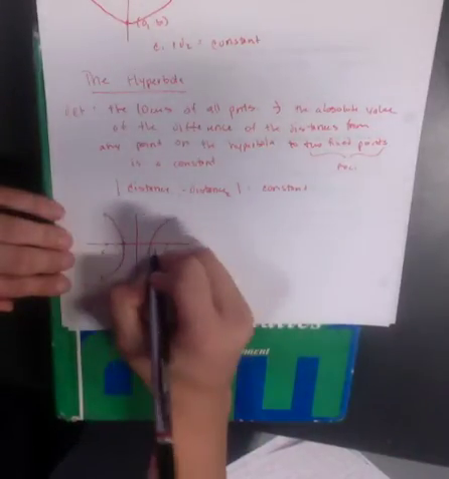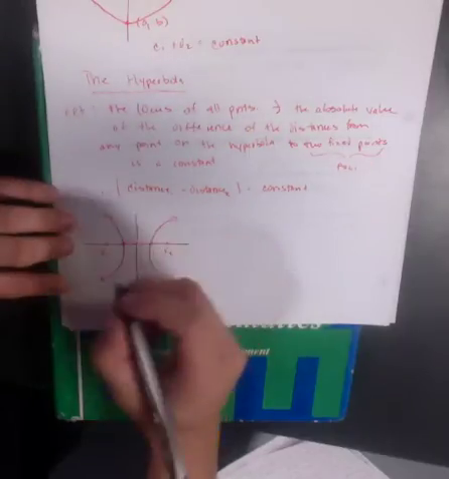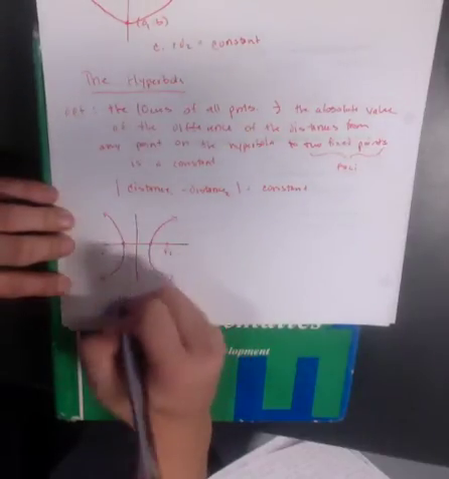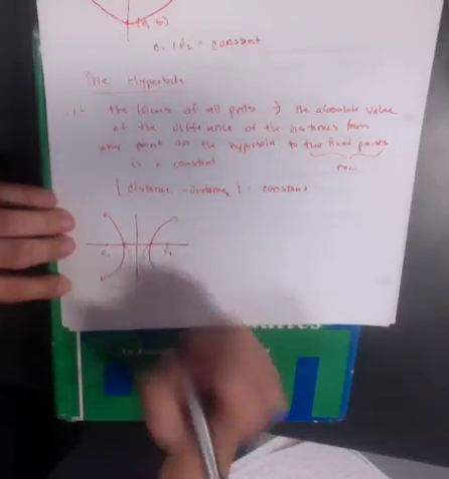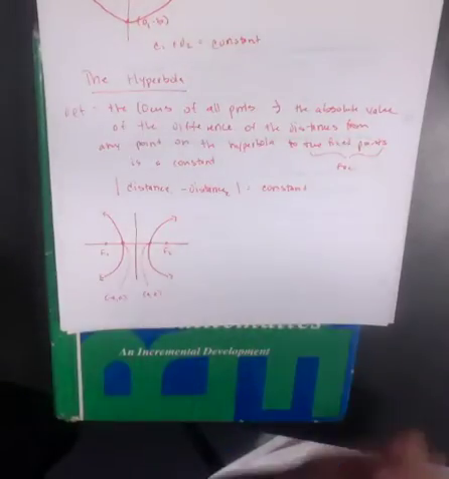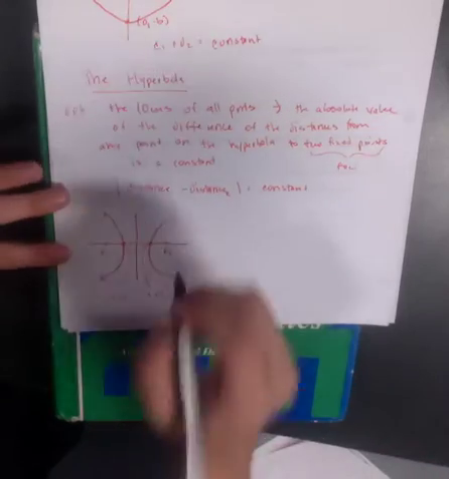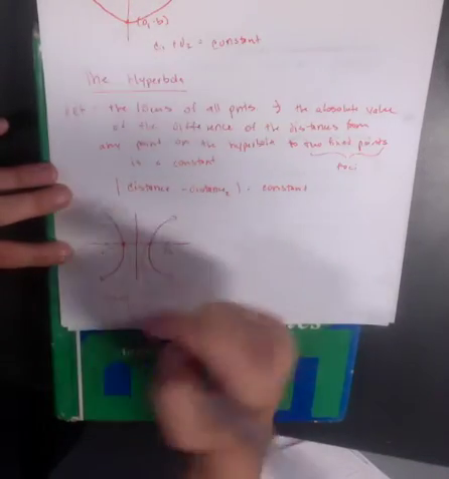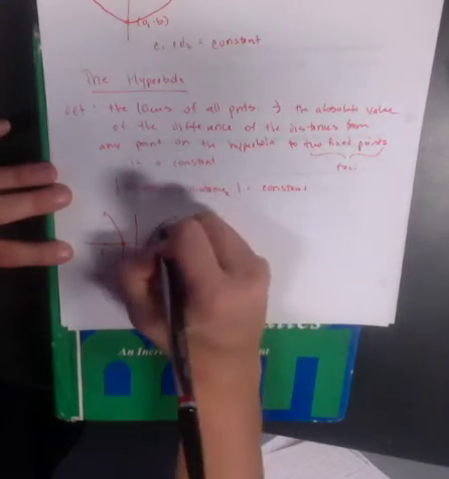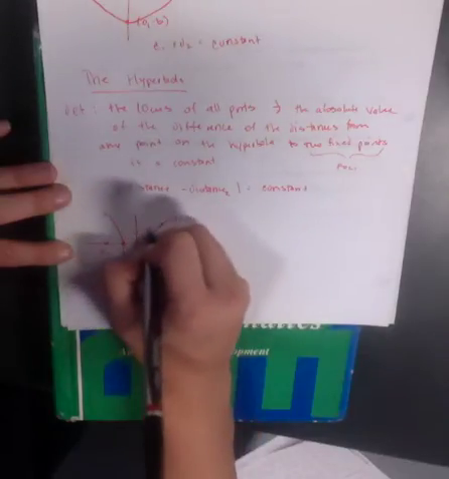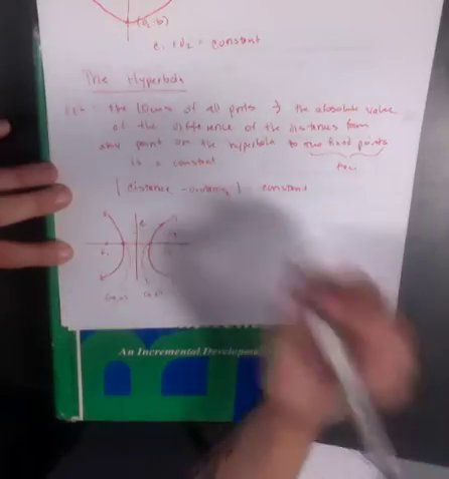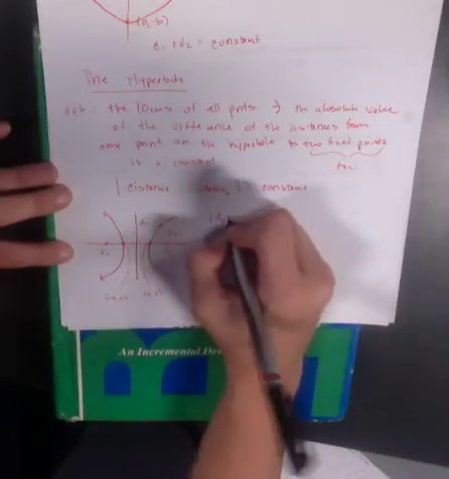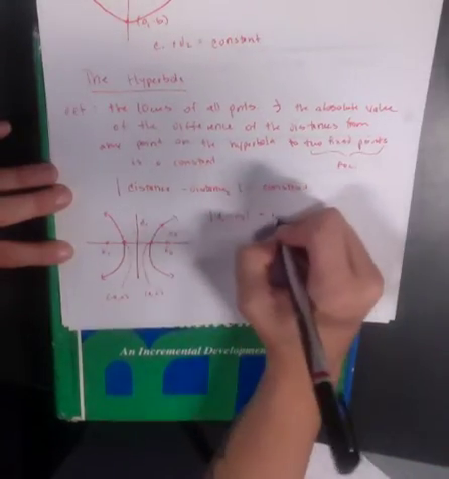Okay, this point and this point, if I bring them down here, we have negative a, 0 and a, 0. They are exact mirrors of each other. And what this whole thing is saying, that if I had a point on my hyperbola, and this was distance 1, distance 2, the absolute value of d1 minus d2 is a constant.